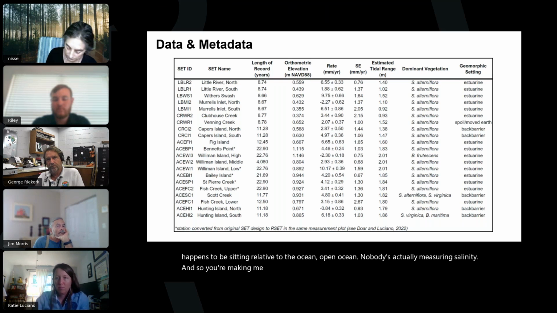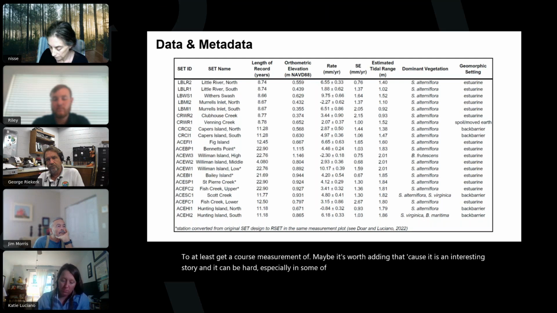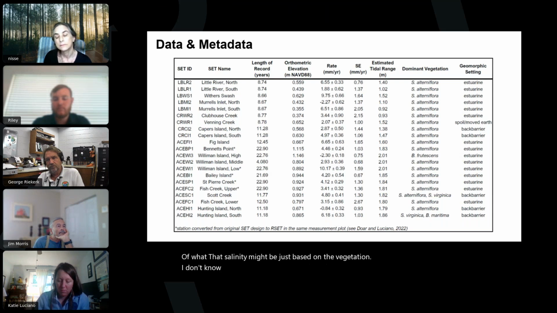It's such an easy thing to at least get a coarse measurement of. Maybe it's worth adding because it is an interesting story, and it can be hard, especially in some of these estuaries, to have a good sense of what the salinity might be just based on the vegetation. I think it's something to think about adding in a more rigorous way than what we've done so far.